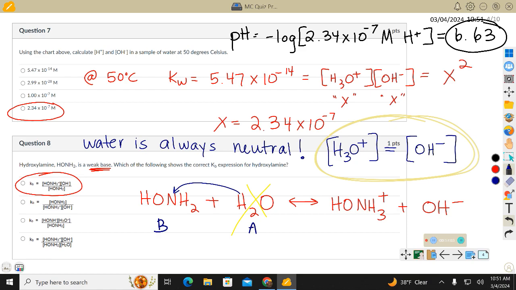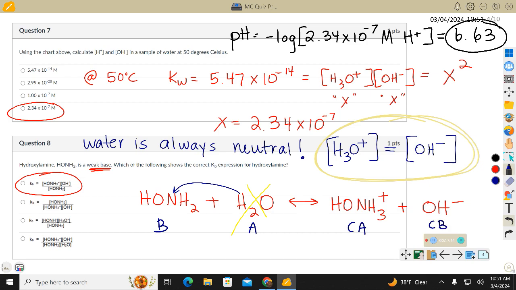And so on the product side, if this were to shift in reverse, I'd say, okay, the positive ion is my conjugate acid. With an extra hydrogen, it could shift this thing in reverse if it donated it back. And the conjugate base would be my negative ion, my hydroxide.